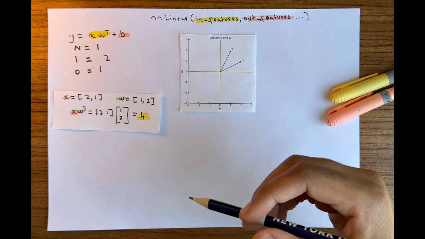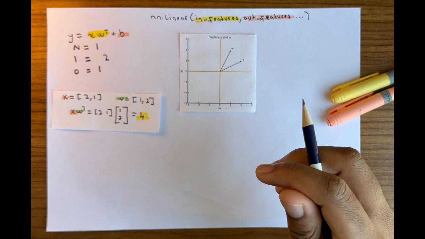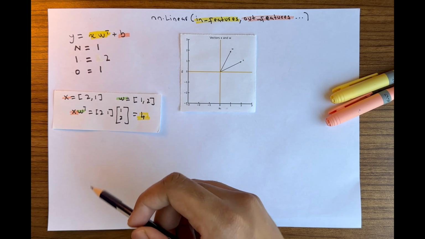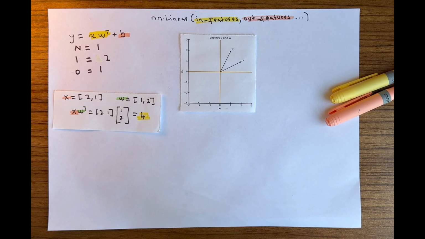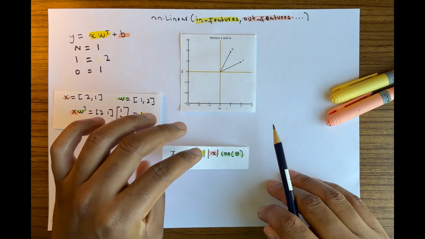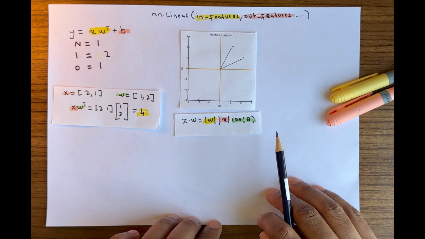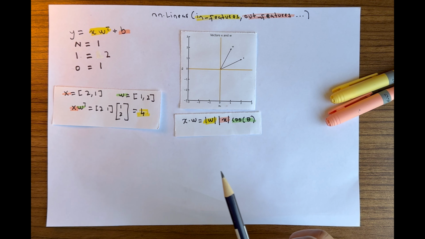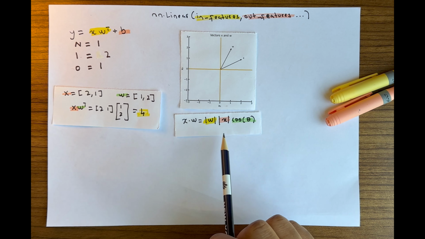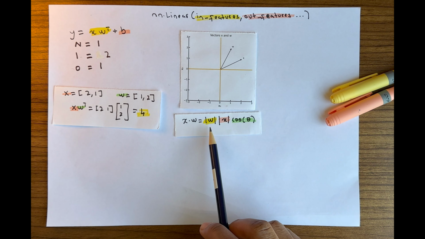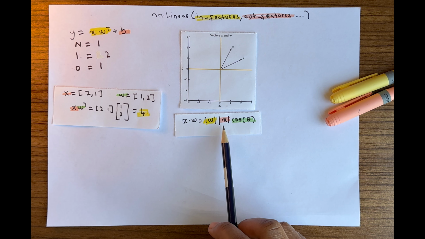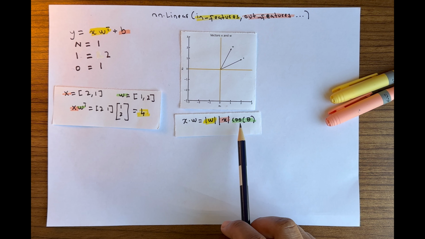This means that we can actually compute that dot product X times W using this geometric formula. This is the length of W, this is the length of X, and this is the angle between them.